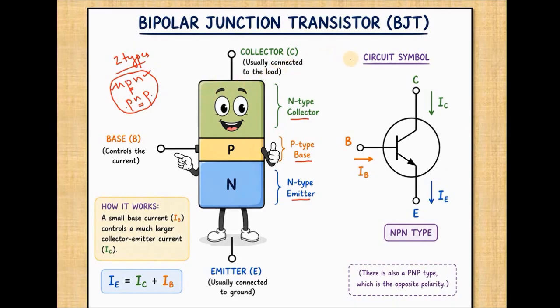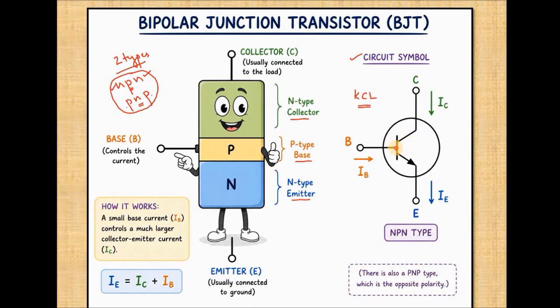Now with respect to the circuit symbol, how does a BJT look? Well, this is how a BJT is symbolized. We can very clearly see the current components with respect to a BJT. Now if we apply KCL, Kirchhoff's current law, which always holds good and which says the current entering the node must be equal to the current leaving the node.